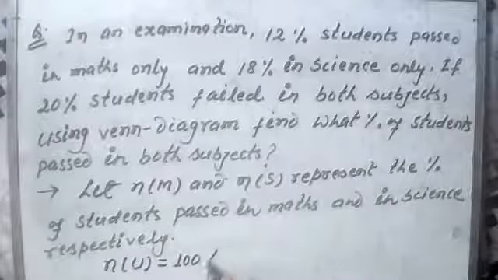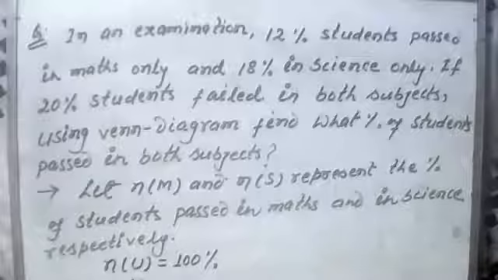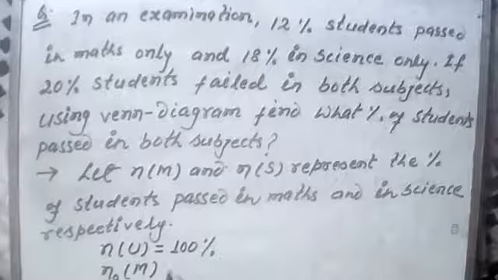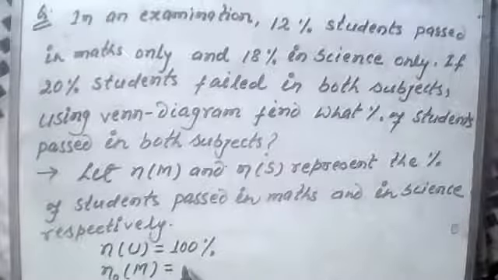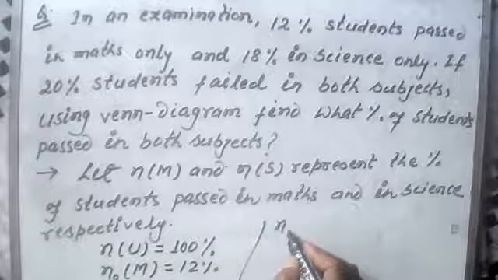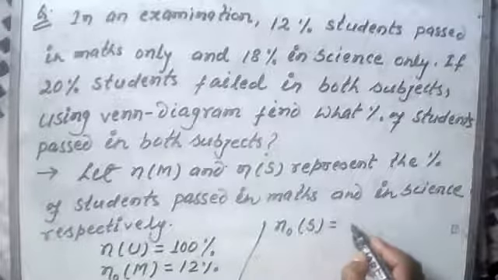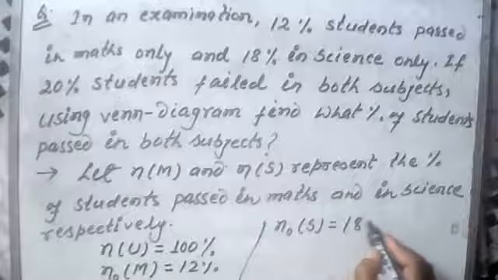The percentage of students who passed in maths only is 12%, and in science only is 18%.